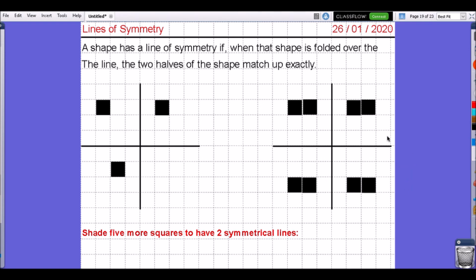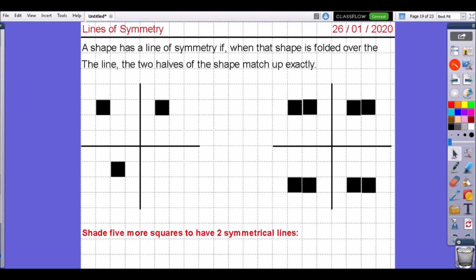Now the 2 lines that we have here are symmetrical lines. If I fold this half over this line of symmetry, they're just going to match up exactly with the other half. The same thing exactly if I fold this half here over this line of symmetry, they will match up exactly with the other half.